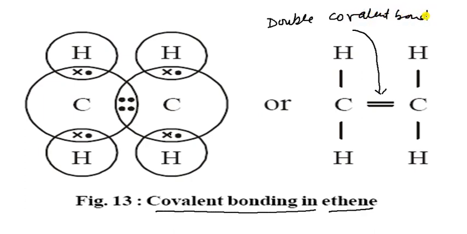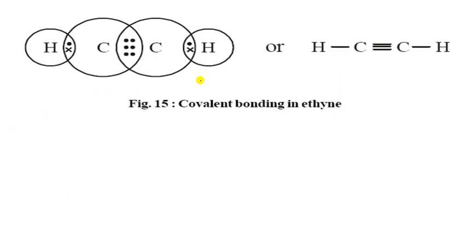And they share the electrons, and they form single covalent bonds, but carbon and carbon form a double covalent bond. So that one is called a double covalent bond.